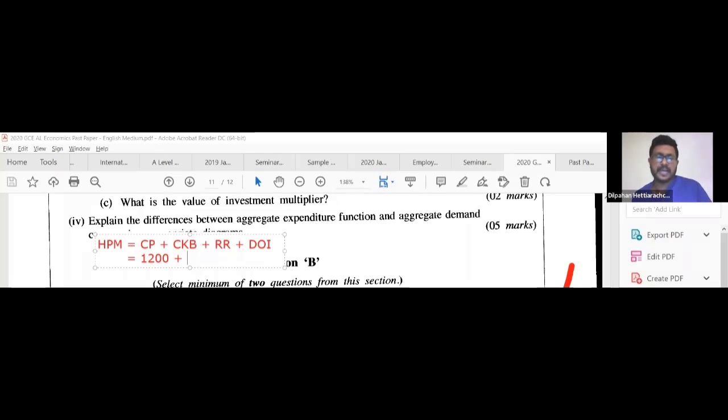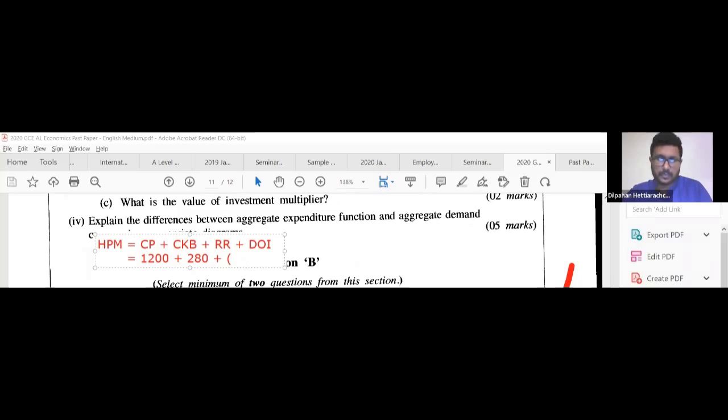So in this question, they are mentioning the excess reserves, right? How much is the excess reserves? 280, plus required reserves. Can you remember the required reserve equation? Deposit into SRR. How much is deposit? 5,200.